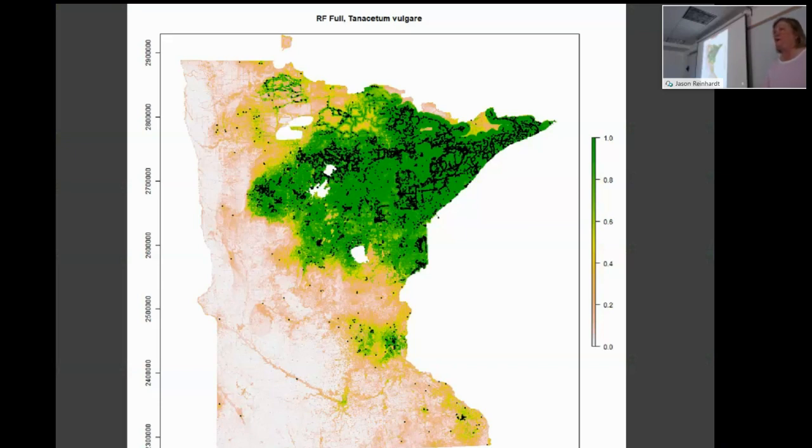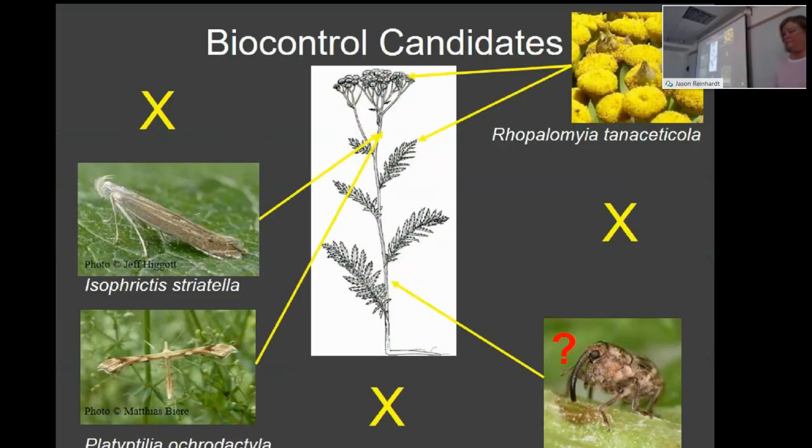So, can we find these outlier populations and control them before they become so abundant? And for the areas where tansy is abundant, it would be hard to control with anything other than biological control. So it would be a great tool if we could find bioagents that are specific enough.